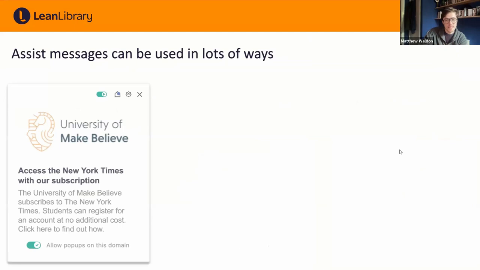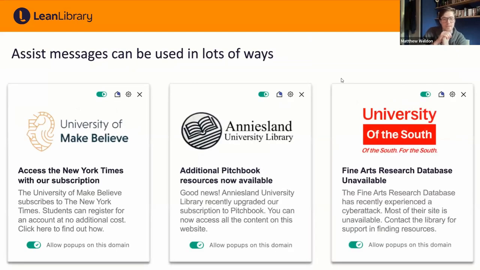With all that in mind, we've got a few different examples here. We can see some of these different versatile ways that assist messages can be used. On the left-hand side, we've got the library using the assist message to make their patrons aware that they are able to subscribe to the New York Times at no extra cost.